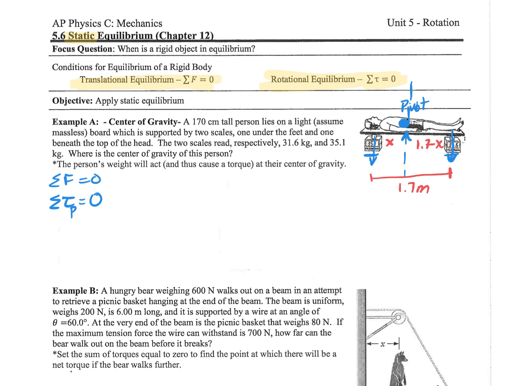And in reality, we also have a third mass. If this is his center of mass, we also have mg right here too, don't we? His mg? But that's at the pivot, so guess what? We don't care, do we? So this is going to be everything pointed down versus everything pointed up.